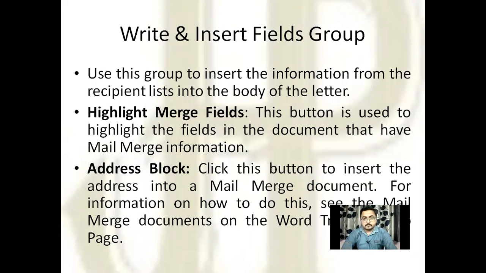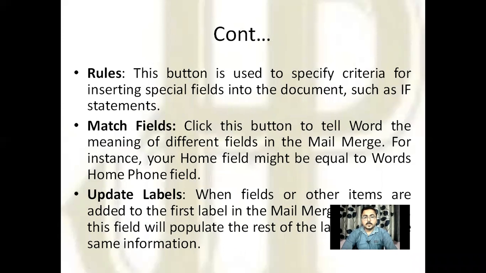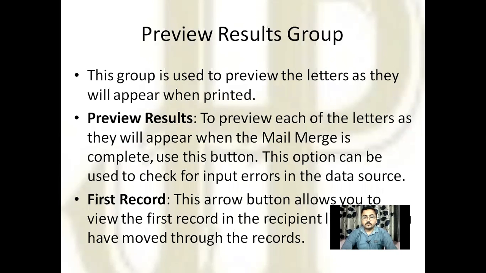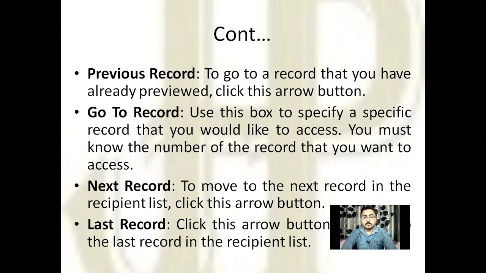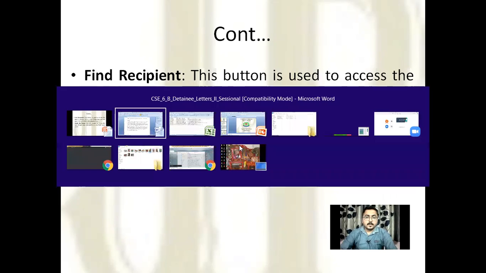These are the same things: what is the greeting line, insert merge field, what are the rules, preview results, first record, how to see the first record, previous record, next record, last record, find recipient, and all that appear here.